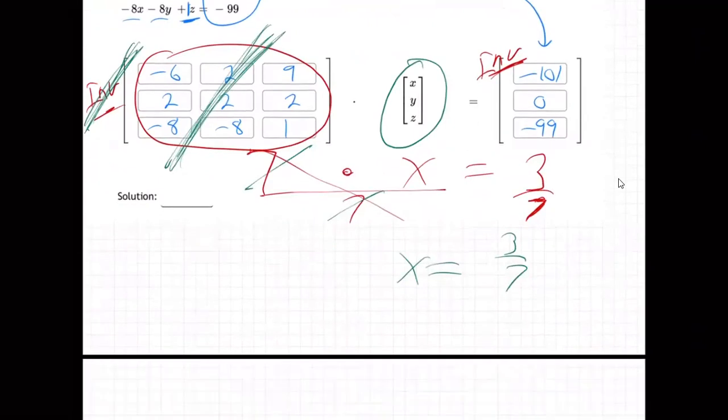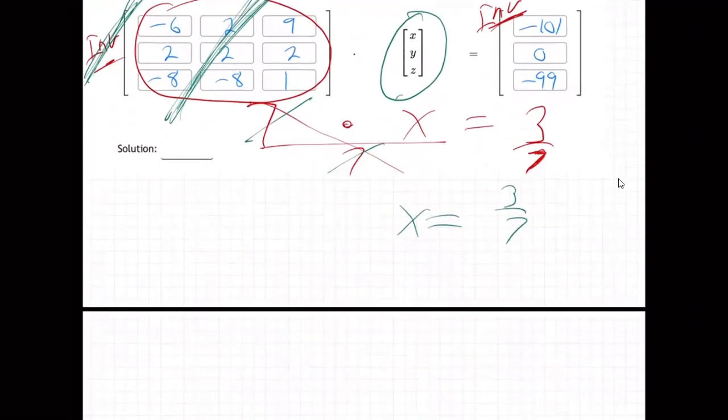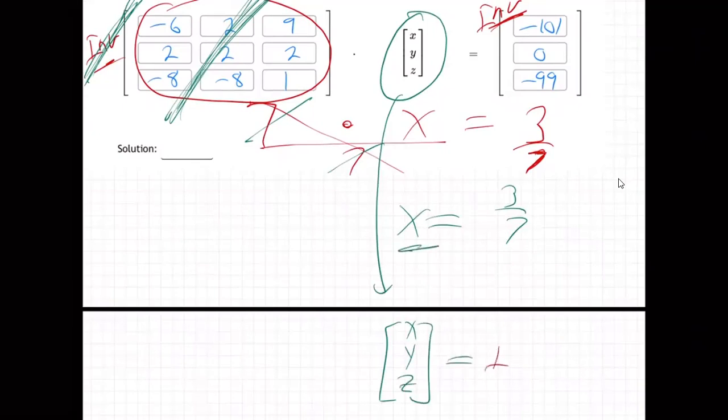You see that? The answer matrix, the x, y, z, will be alone, just like getting an x alone, and it'll equal the inverse times the matrix that was already over there, which is the -101, 0, minus 99.